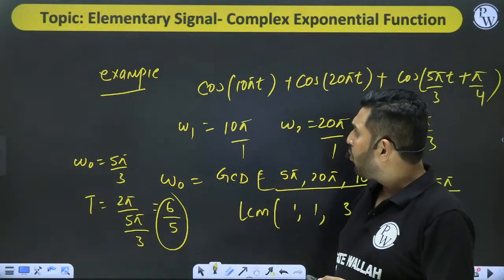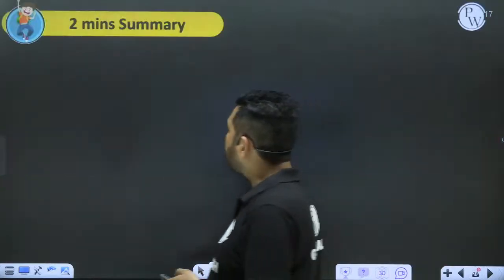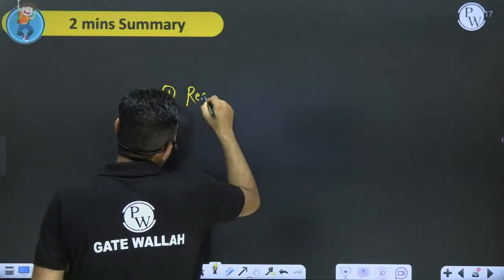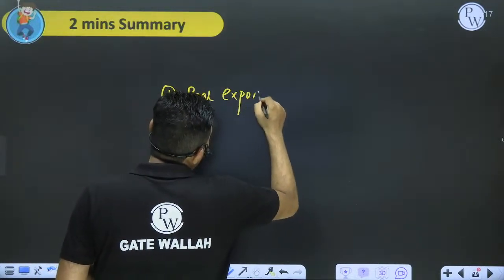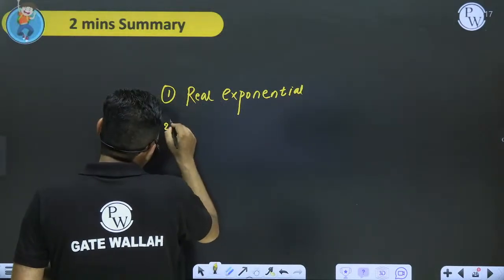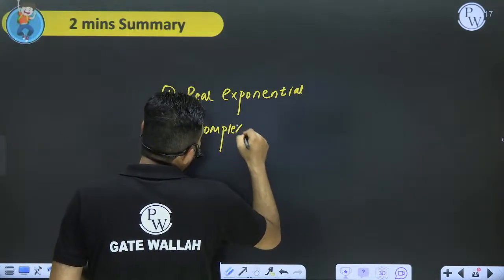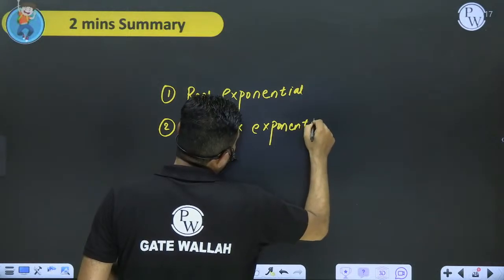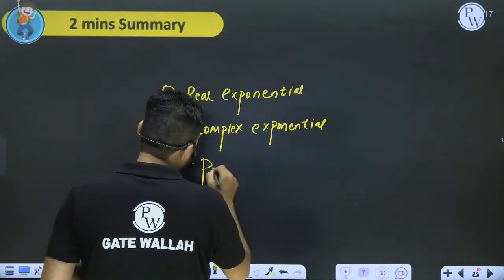Okay, so let's take what is covered till now. We have covered the real exponential, and we have covered the complex exponential also. And we have covered periodicity.